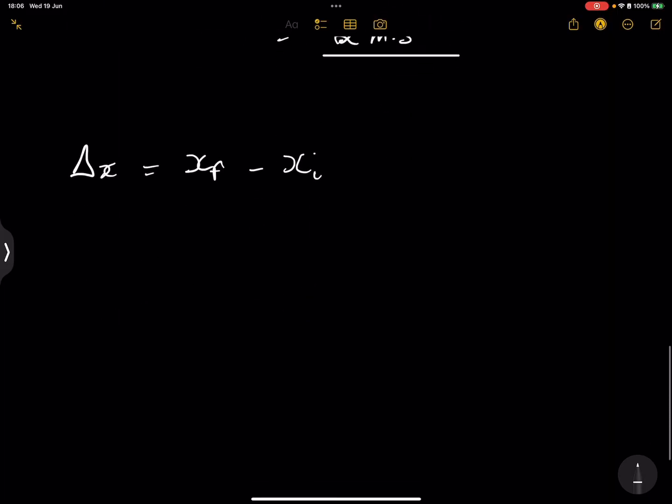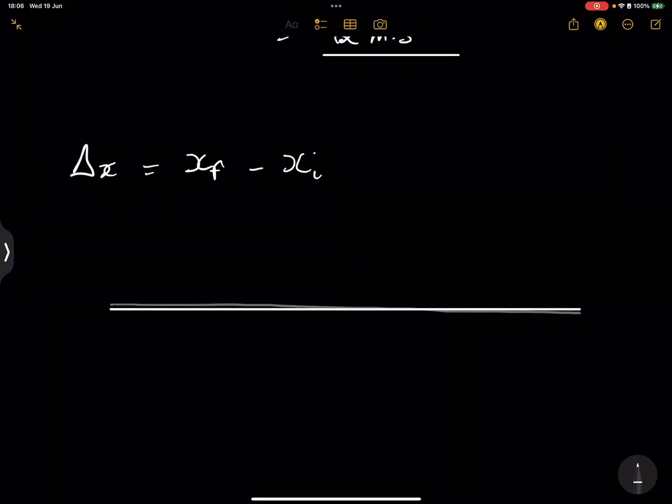Now I want us to take an example whereby we are looking at linear displacement. So let's say here's a person traveling from A till B, and let's consider that to be 100 meters.